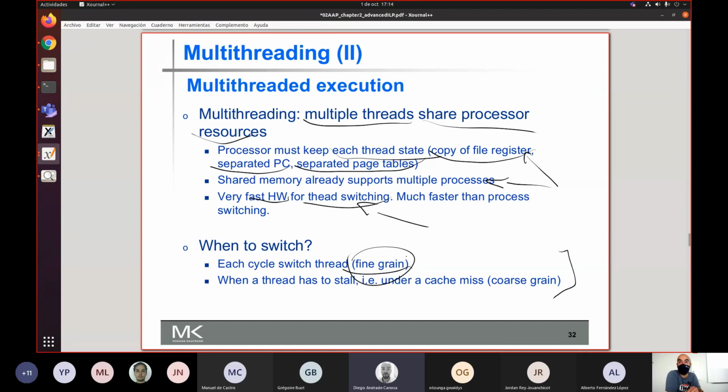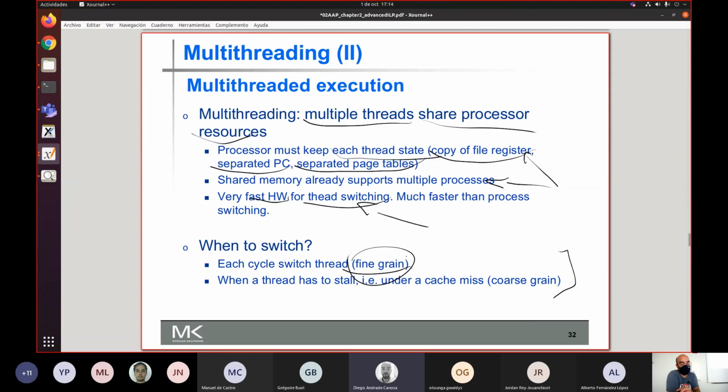I execute one stage of one instruction of a different thread. This doesn't seem very efficient, because you are switching all the time, and you know that you have to pay for switching.